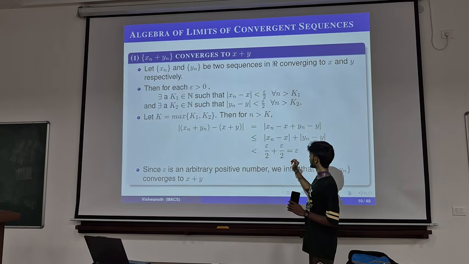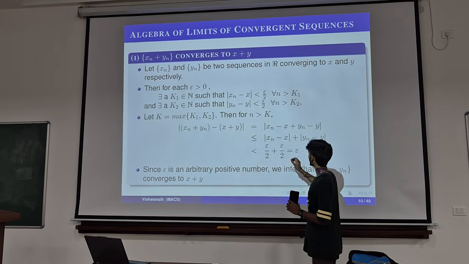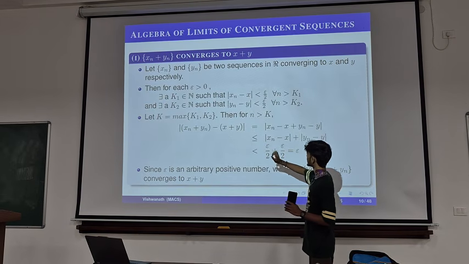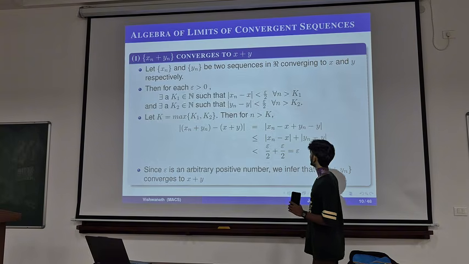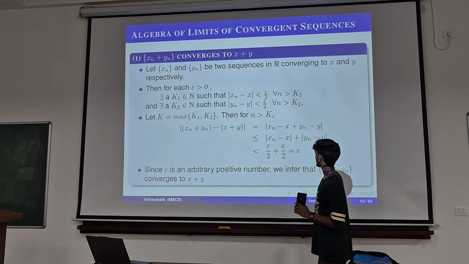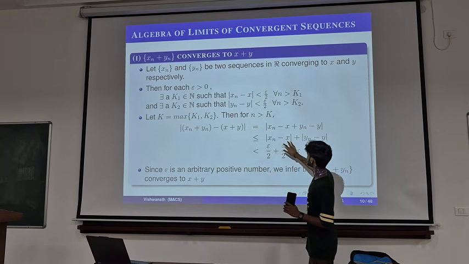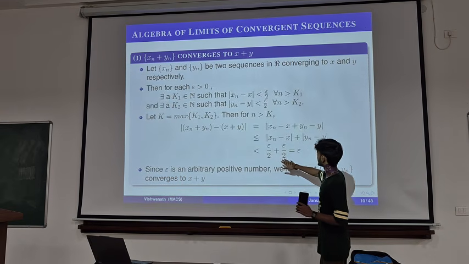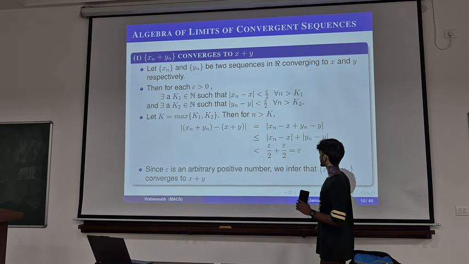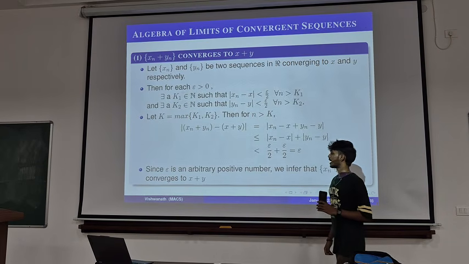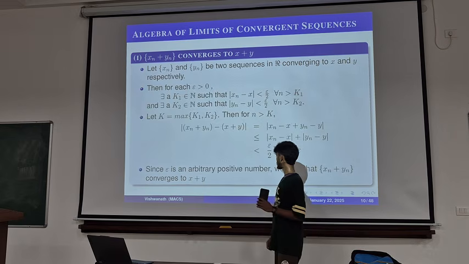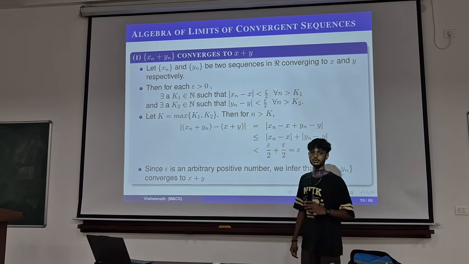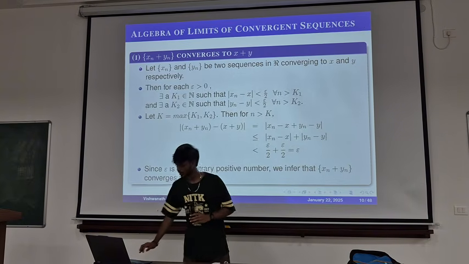By the triangle inequality, we can show that the LHS is less than or equal to the modulus of xn minus x plus the modulus of yn minus y. As we know that the modulus of xn minus x is less than epsilon by 2, and likewise for yn minus y, we can write that this is less than epsilon by 2 plus epsilon by 2, which is equal to epsilon. Since epsilon is an arbitrary positive number, we infer that xn plus yn converges to x plus y. One proof done.